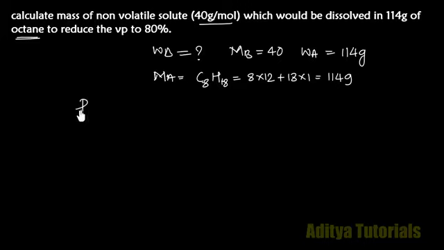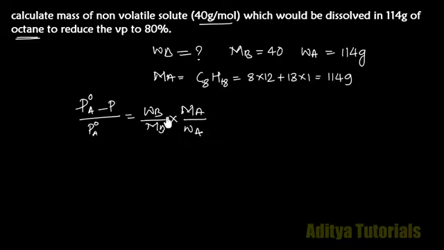And we have the formula here, P naught of A minus P divided by P naught of A is equal to the mole fraction. Mole fraction can be expressed as WB divided by MB into MA divided by WA.